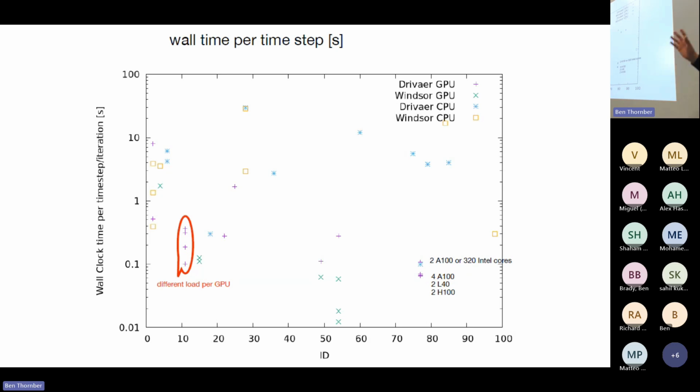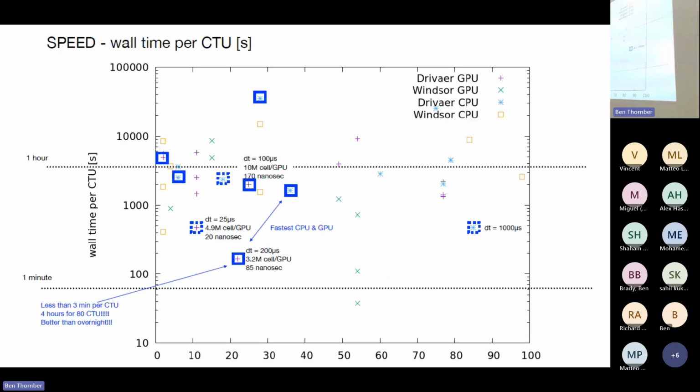So we can look at this per time step. And here you see that you have different load, and you will get different time per time step. And finally, perhaps what is more interesting is the wall time per convective time unit.